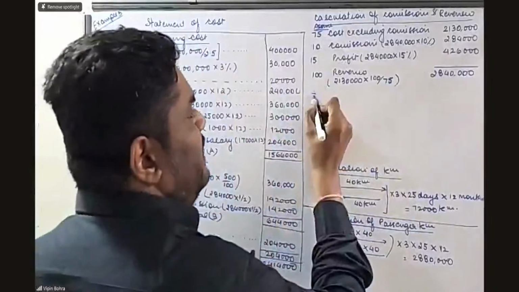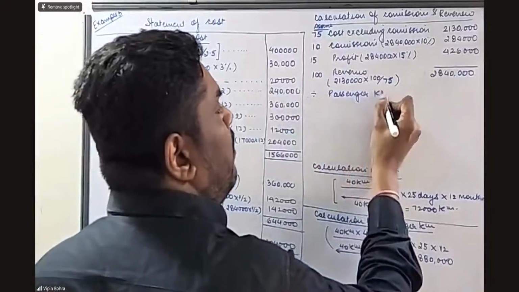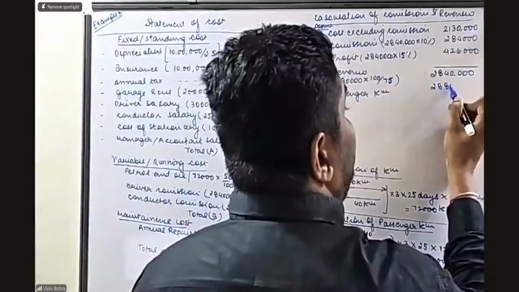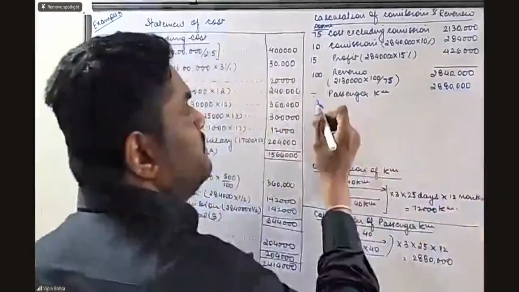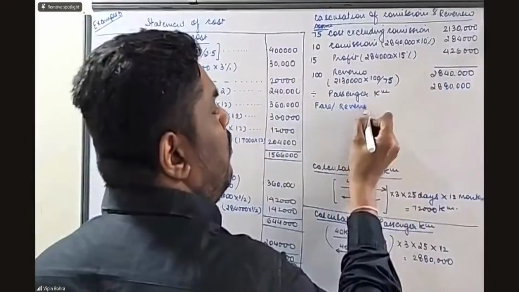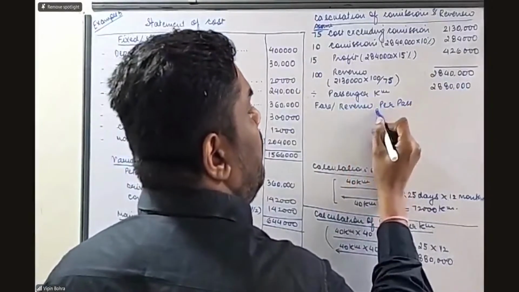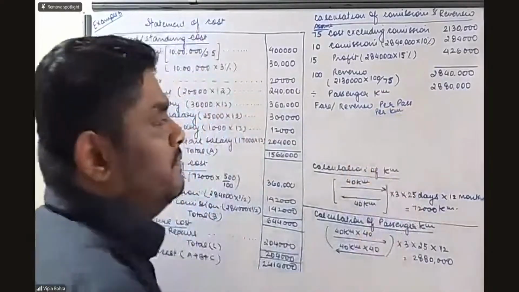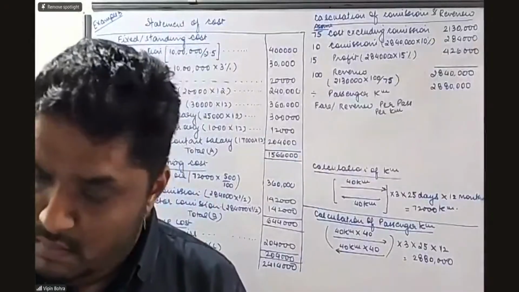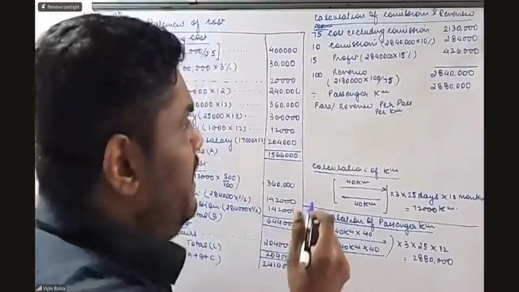So if we divide it by my passenger kilometer, that is 28 lakh 80,000, we'll be getting the fare or revenue per passenger per kilometer. That is 0.986.